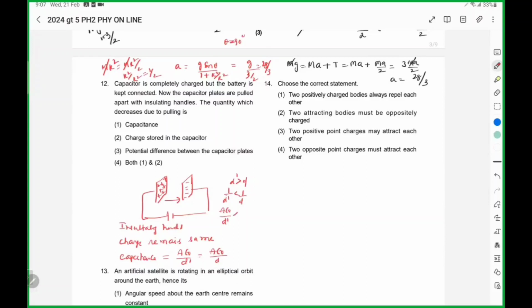A epsilon naught by d, the new capacitance, is less, so capacitance decreases. Charge remains the same, no change. Potential difference: when charge remains the same and capacitance decreases, potential difference increases. So the first option is correct.